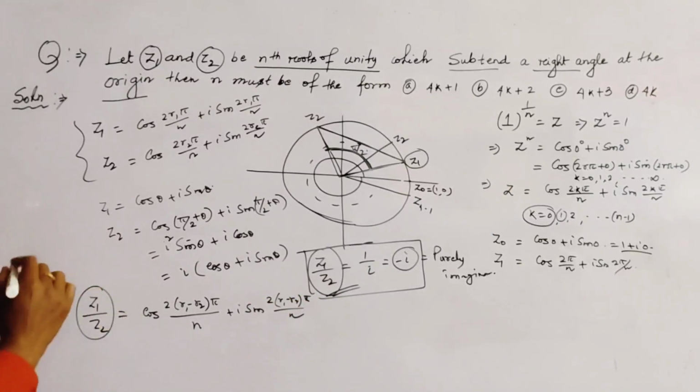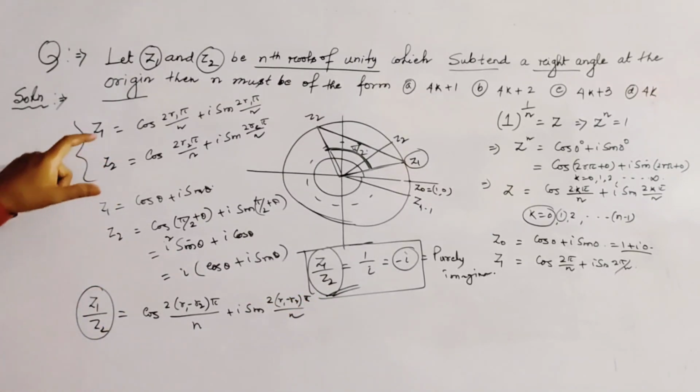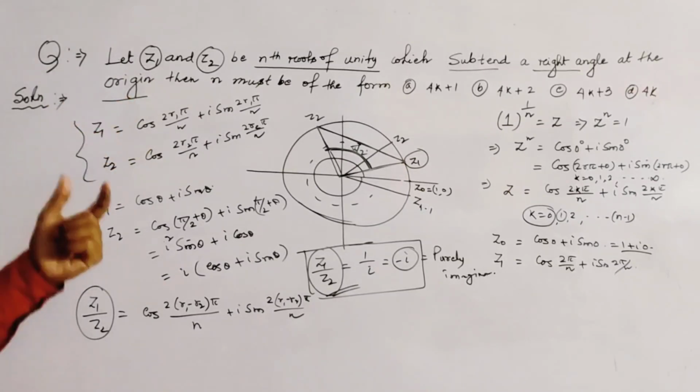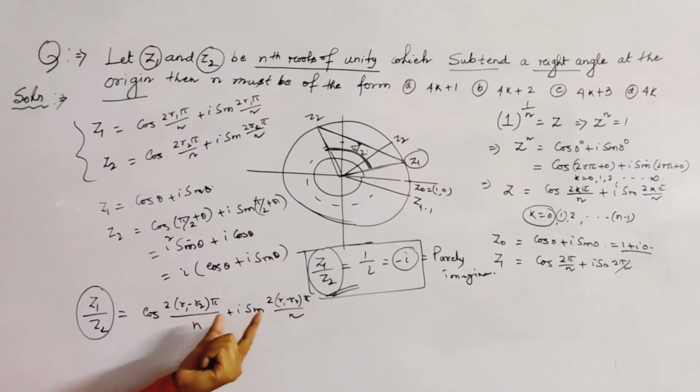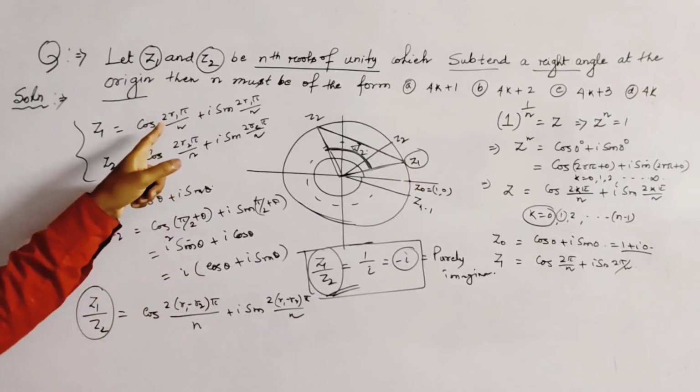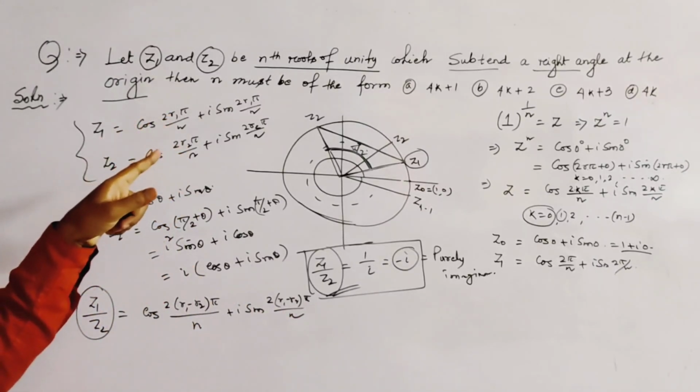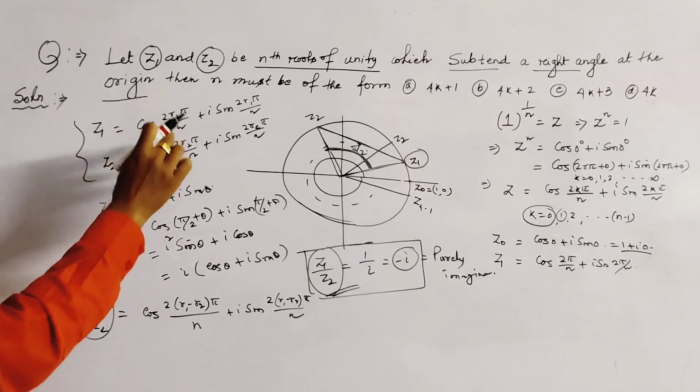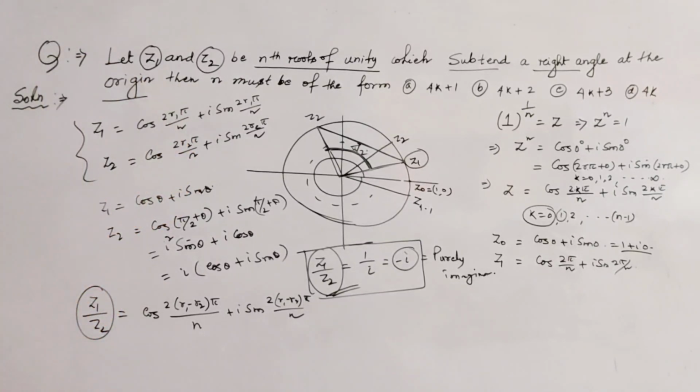Here we use de Moivre's theorem, because the quotient of two complex numbers is a complex number of the form cos θ plus i sin θ, but the angles are subtracted. We subtract from the upper angle and get the result directly.